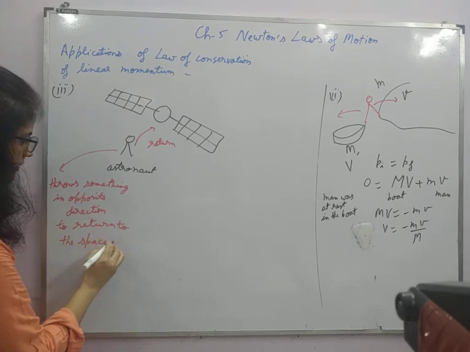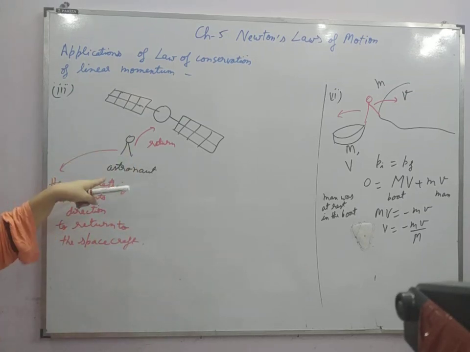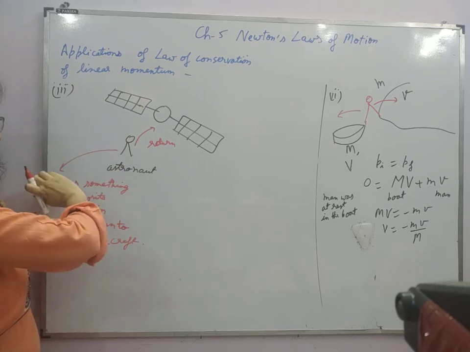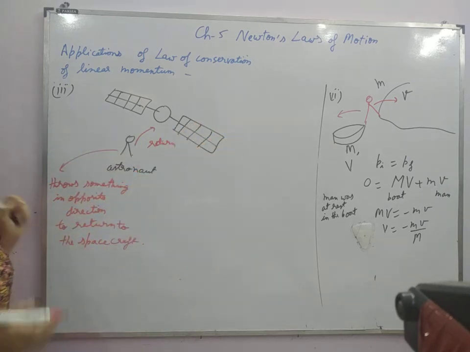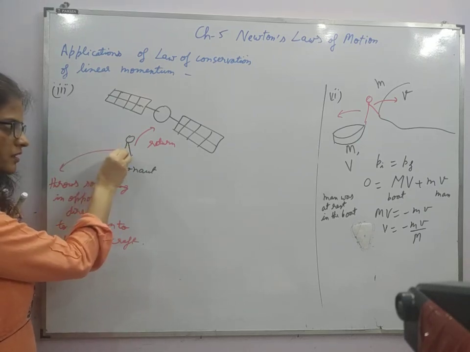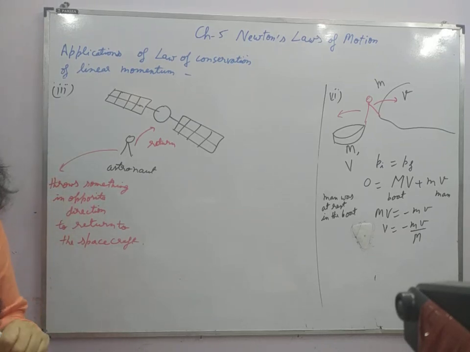I really like this example. If he accidentally comes out here, then in order to conserve momentum, he throws something this way, and that will help him return to the spacecraft, because that object and the person, that system, was at rest with respect to each other. So this is the third example.